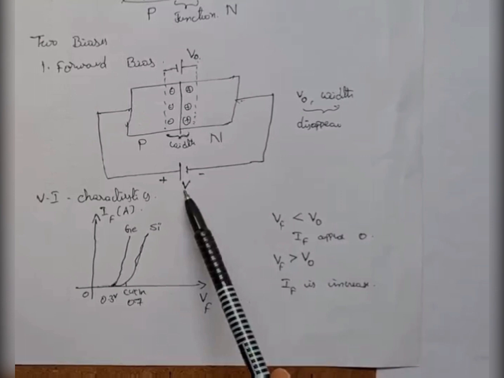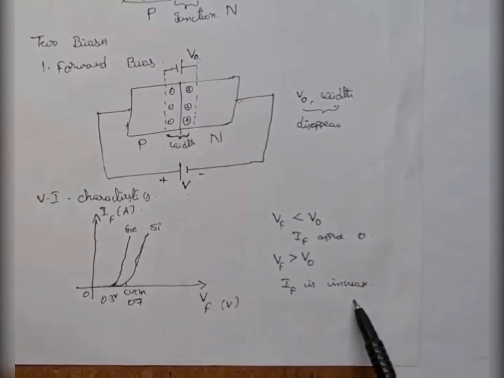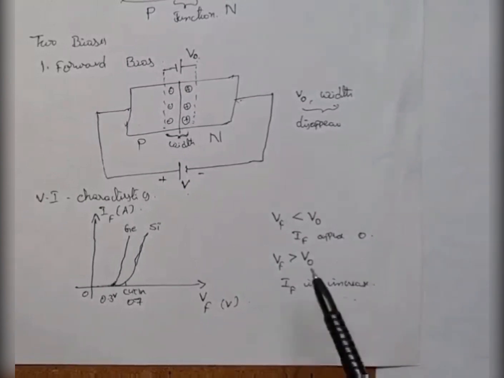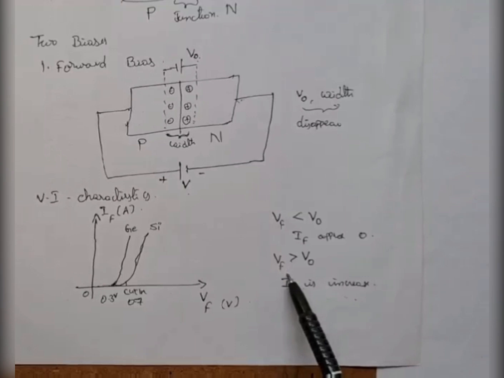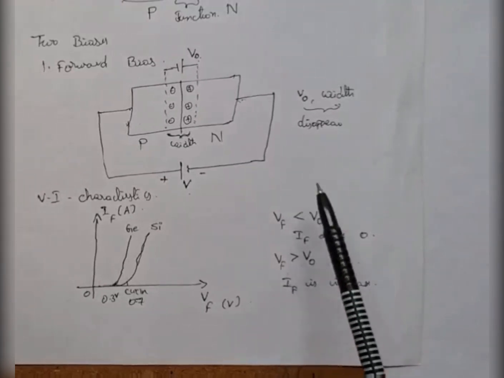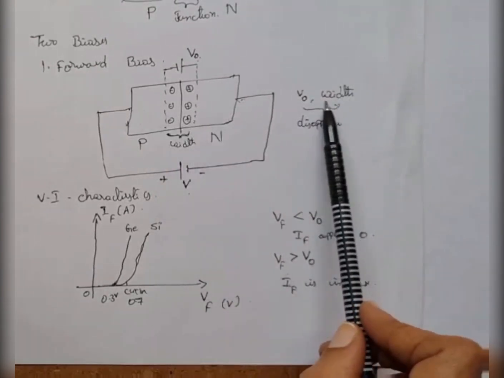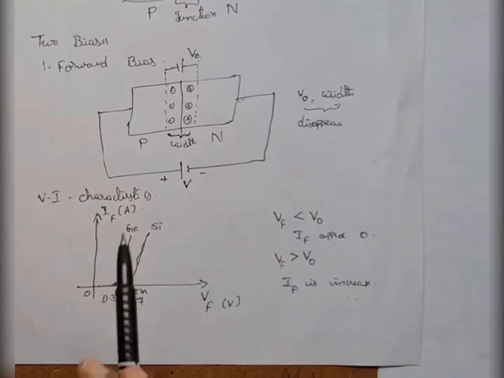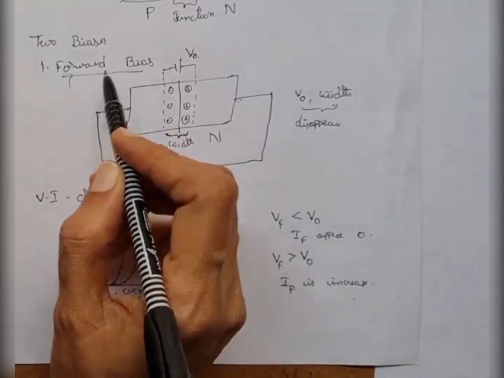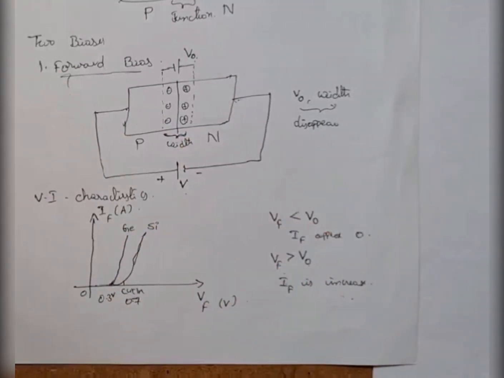When applied voltage is greater than the potential barrier voltage, the forward current increases, which means forward bias conduction has started. At that time the potential barrier voltage and the width of the depletion region both disappear. Then the diode works in the forward bias condition. This is about the forward bias. Next we will see the reverse bias.